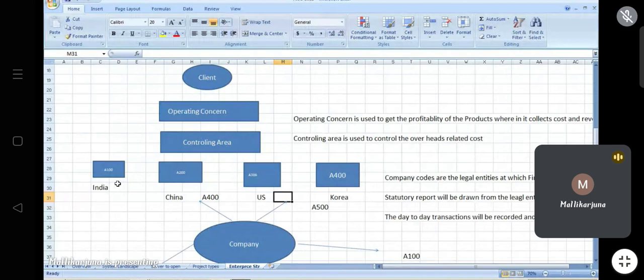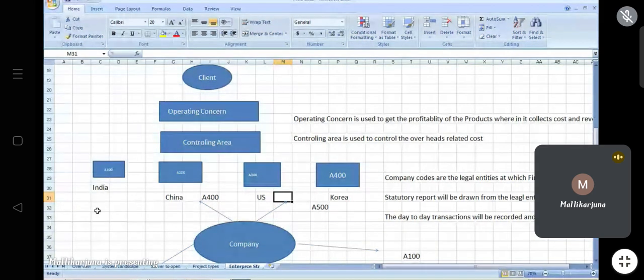So A100 India Private Limited, A200 China Private Limited, A300 US Private Limited, and Korea Private Limited. These are the four companies. Wherever the company is operating, it follows the respective country's financial year and currency.